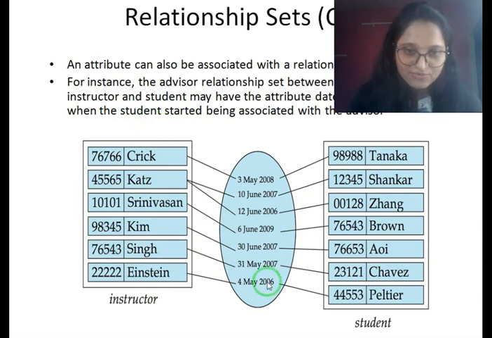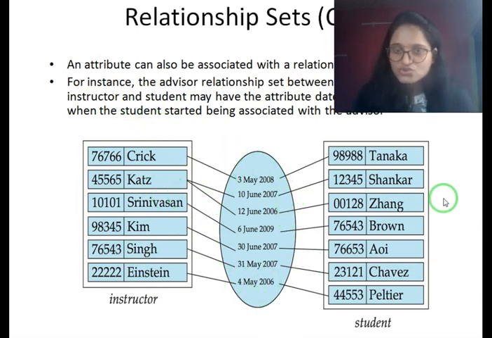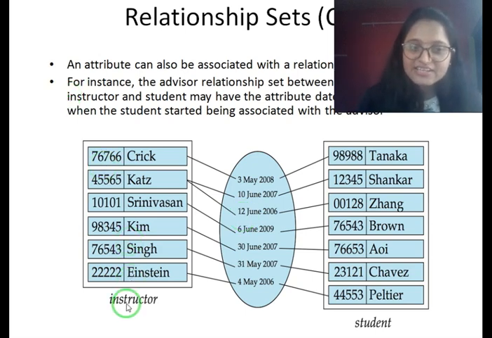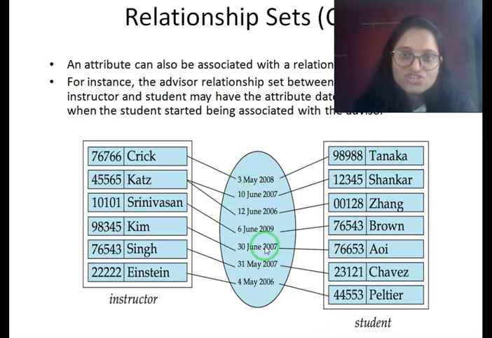Now listen carefully. This is the advisor relationship between instructor and student. Now advisor may also have its own attribute. Consider for the instructor entity there are two attributes, instructor ID and instructor name. For the student entity there are two attributes, student ID and student name. In the same way, this is the advisor relationship, right?